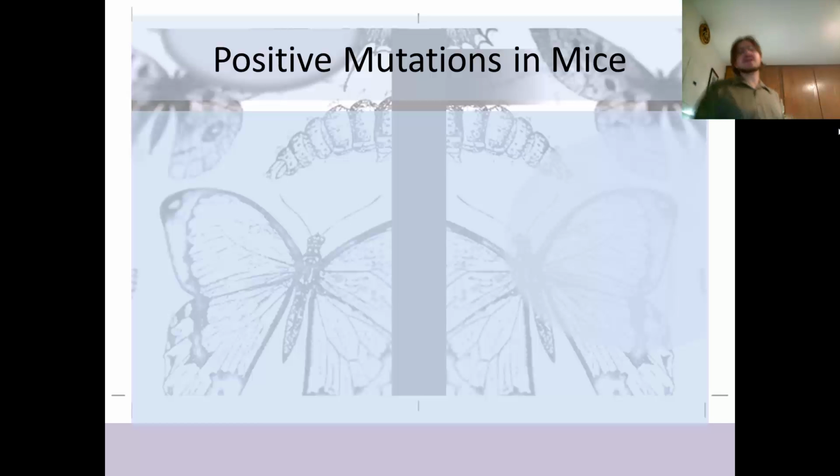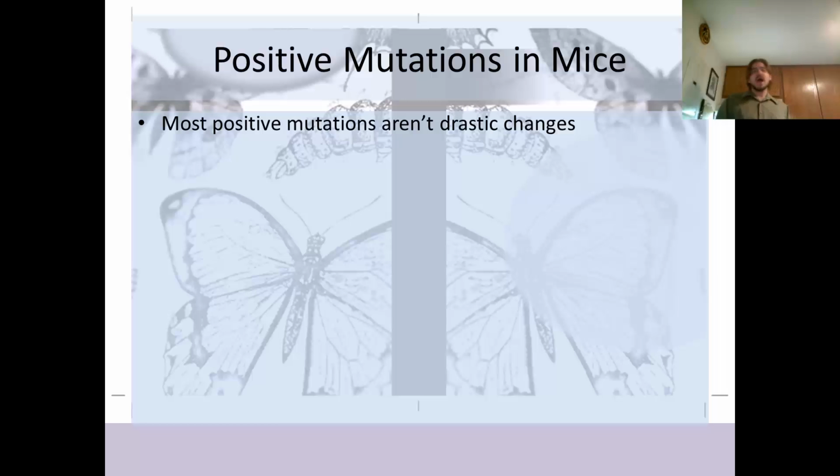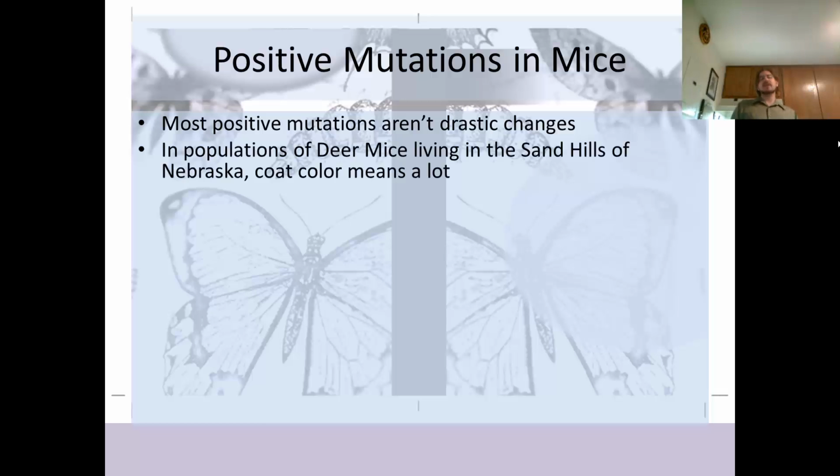All right, let's look at another example from mice. Most positive mutations aren't drastic changes like the mother fur gene or the EPAS1 gene. In populations of deer mice living in the sandhills of Nebraska, coat color means a lot. Ancestral deer mice had dark coats, and so they lived in areas where the underbrush was darker.